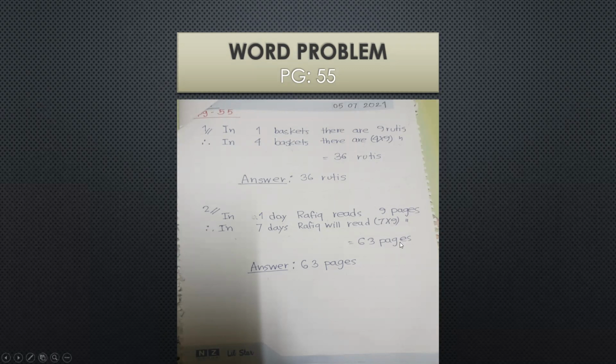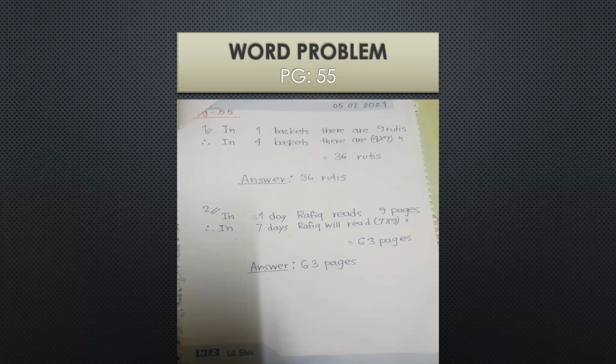Number 1: 9 rotis can be put in each bucket. How many rotis can be put in 4 buckets? In one bucket we can put 9 rotis.